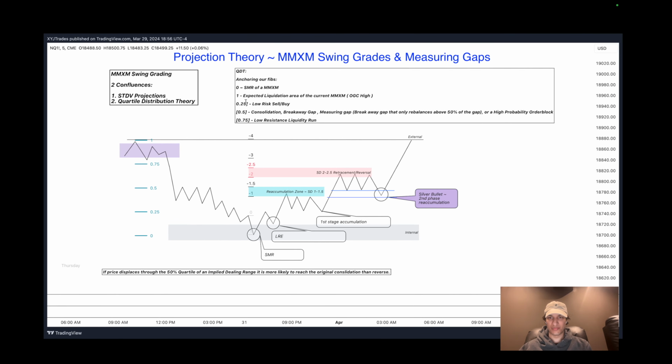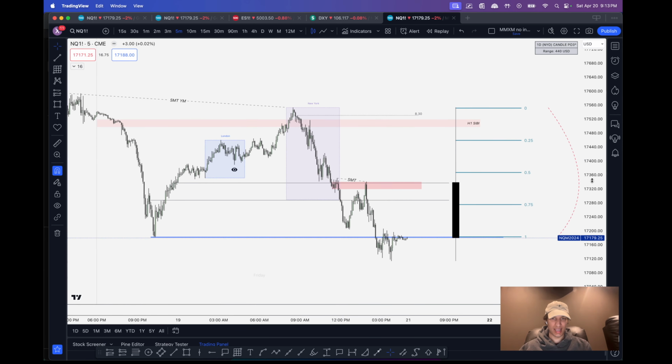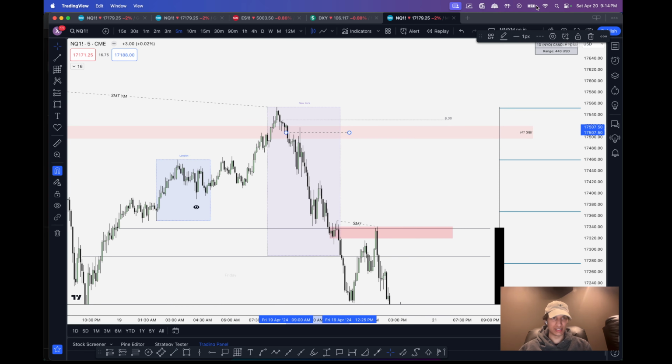As we can see, from the 0 to 0.25, we expect to see our low risk sell. In here, after we get our smart money reversal, we have this internal range that acts as our low risk sell. This is a very small inefficiency on the 5 minute chart, but it still is an inefficiency.